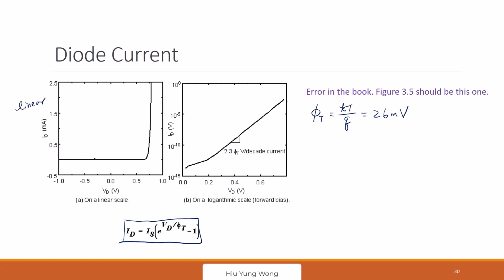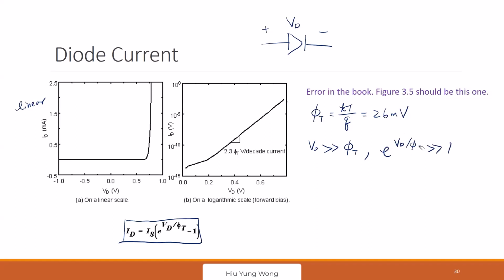We can do a little bit more approximation. What is VD? VD is the voltage across your diode, plus or minus VD. If VD is much larger than phi t, then of course exponential of VD divided by phi t is much larger than 1.